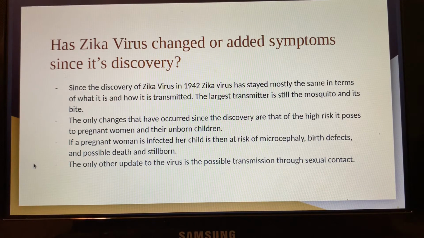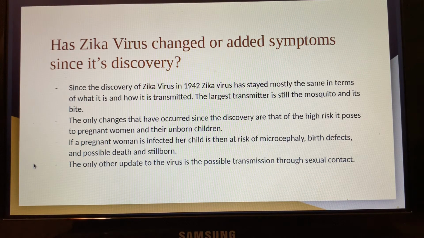Okay, so has the Zika virus changed or added symptoms since its discovery? Since its discovery in the 1940s, the Zika virus has pretty much stayed the same in terms of what it is and how it's transmitted. The largest transmitter is still mosquitoes and their bites. Of course, we have the cases where it can be sexually transmitted. The only other change since the discovery is the high risk it poses to pregnant women and their unborn children. If a pregnant woman is infected, her child is at risk of microcephaly, birth defects, and possibly death in stillborn.